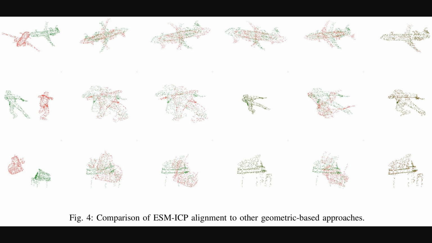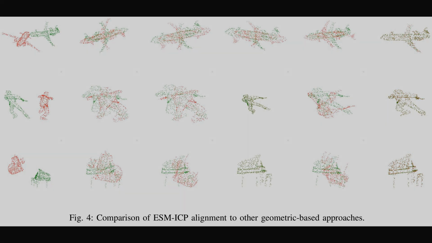We've got three different objects here: an airplane in the top row, a person in the middle, and a desk-like shape at the bottom. For each object, the first column shows that initial severe misalignment. Then, the subsequent columns display results from various methods, and if you look at the far right column for each object, that's where exponential similarity matrix iterative closest point really shines, showing a much tighter and more accurate alignment compared to the others.